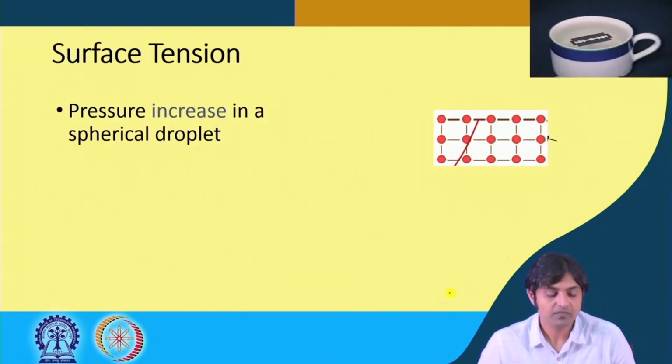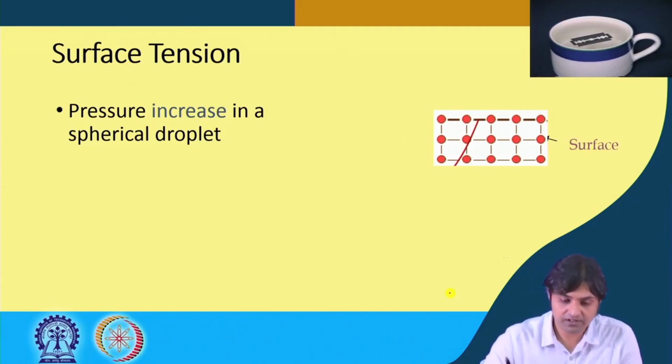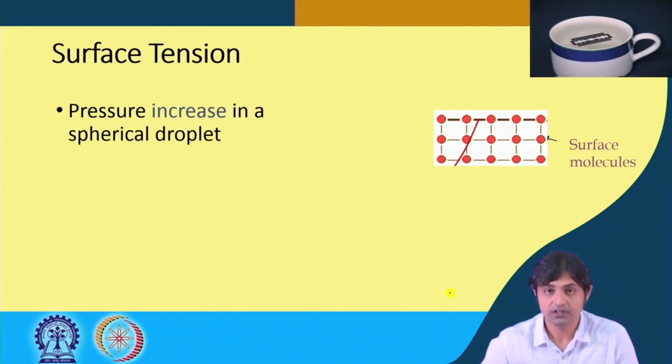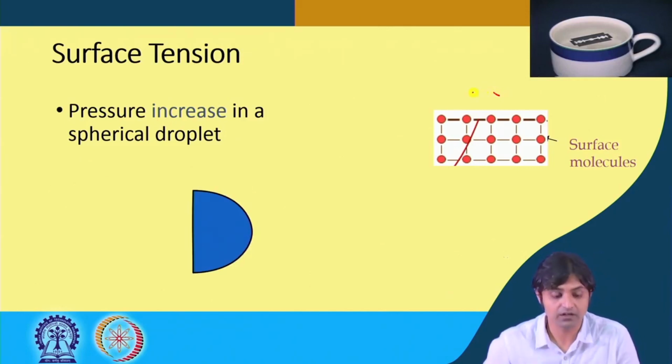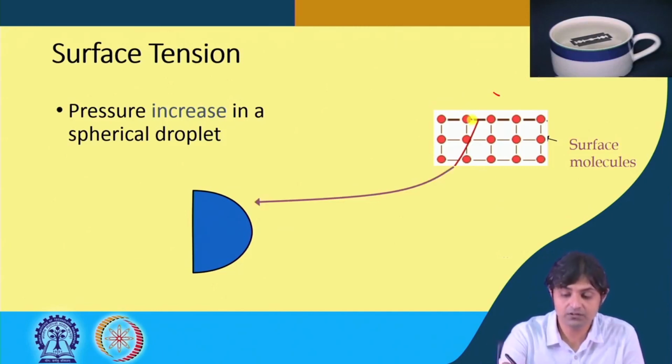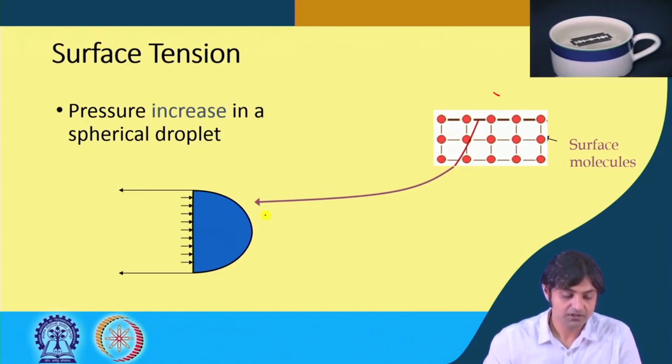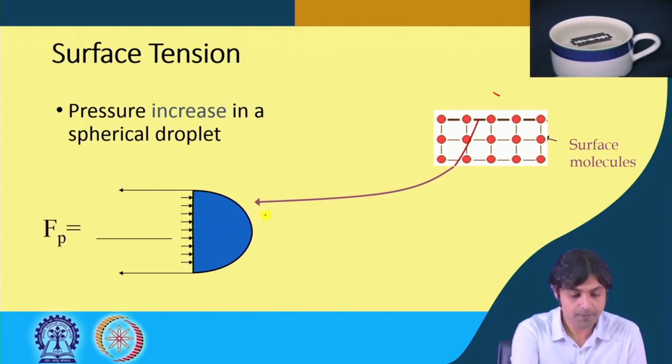Another such property is surface tension. An example here is that the pressure increases in a spherical droplet. This is the surface of a droplet, for example, and these are surface molecules that we are actually seeing here, and we are enlarging and zooming the area between these two molecules. What is happening is there are two types of forces.